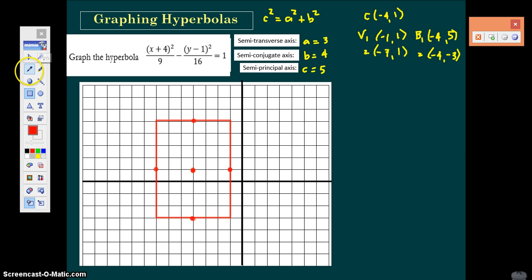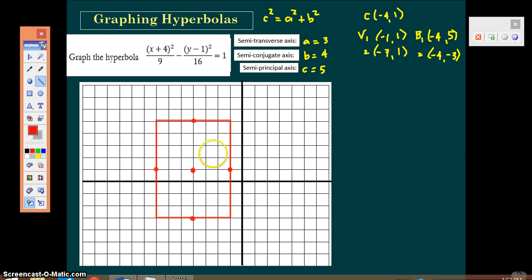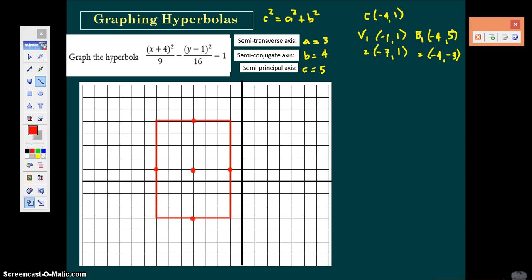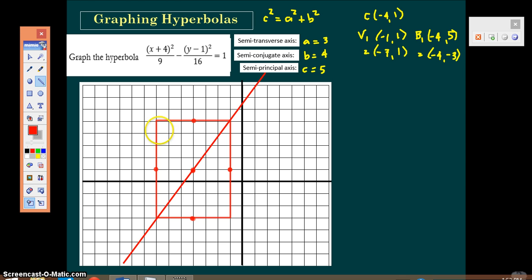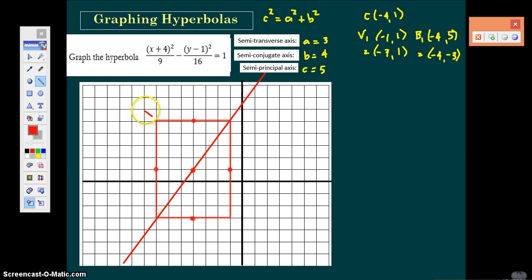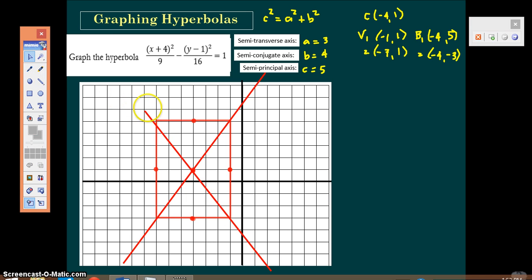Connecting the diagonals of this reference rectangle, passing through the center and extending them, gives our asymptotes. A hyperbola has asymptotic behavior; it's asymptotic to these lines. Let's just draw them first, and I'll explain later. So you have here the asymptotes, passing through the diagonals.